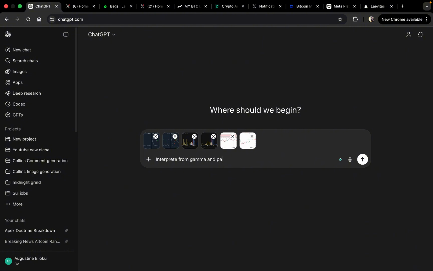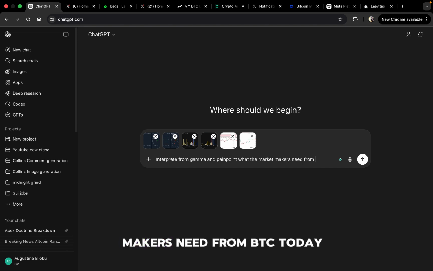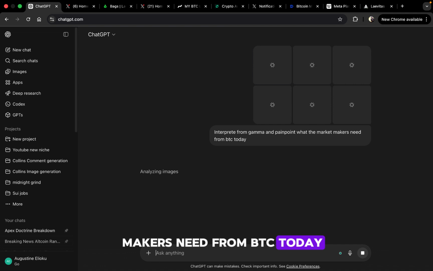Interpret from gamma and pinpoint what the market makers need from BTC today. So I'll press enter.